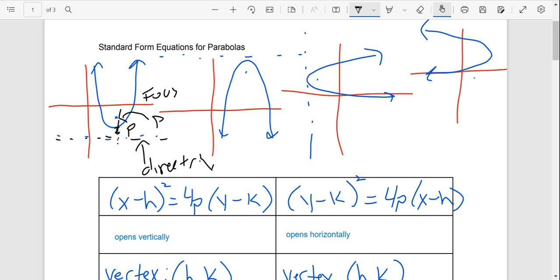Why do we need a focus and a directrix? Because for any point on your parabola, the distance to the focus and the distance to the directrix should be equal. No matter where it's at on your parabola, those two distances will always be equal, which is kind of cool.